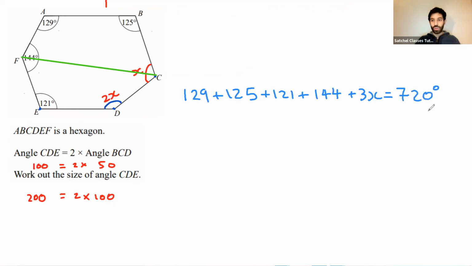Now we need to solve for x, so I'm just going to use my calculator to speed things up. So 129 plus 125 plus 121 plus 144 is equal to 519, plus 3x is equal to 720 degrees.